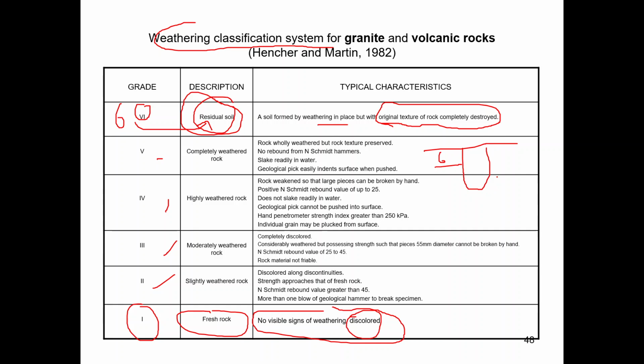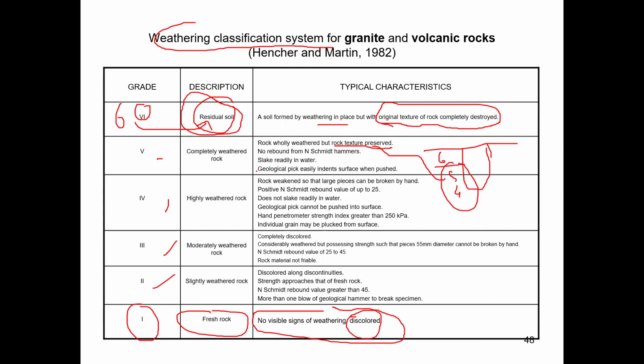So we dig a trial pit to see weathering grade 4 or 5, because in grades 4 and 5 the rock texture is still preserved. Based on the rock texture, we can easily identify the type of the parent rock of this soil.